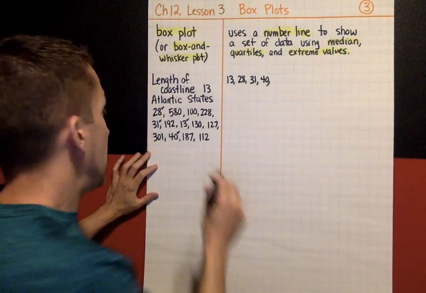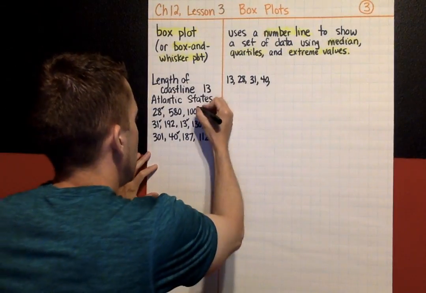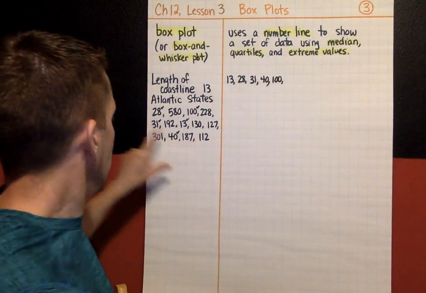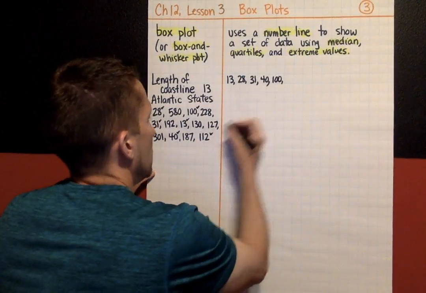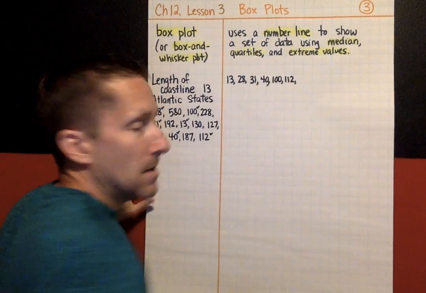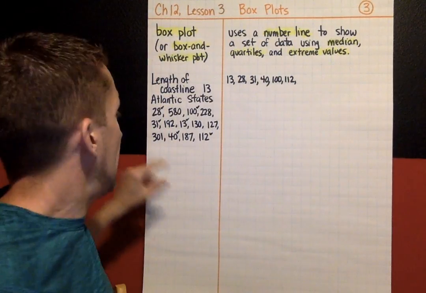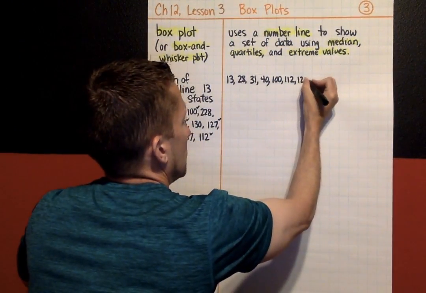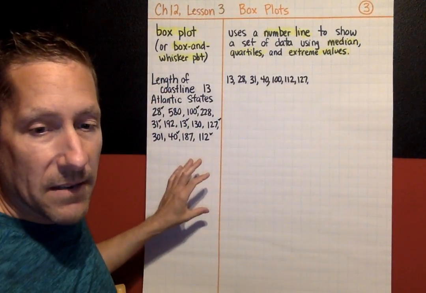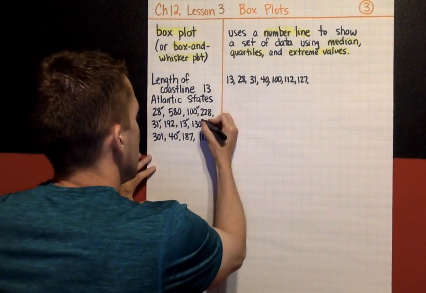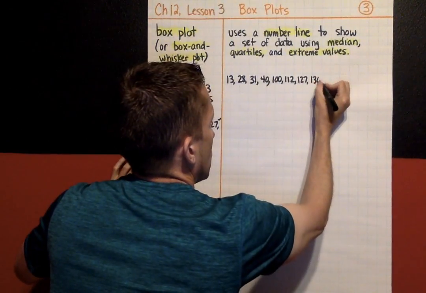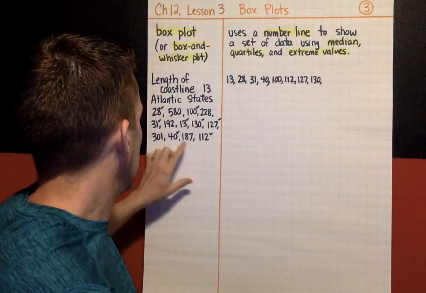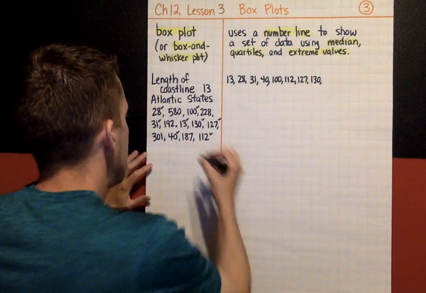After 40 is, I believe, 100. After 100, 112. After 112, we've got 127. After 127, 130. After 130, we've got 187.